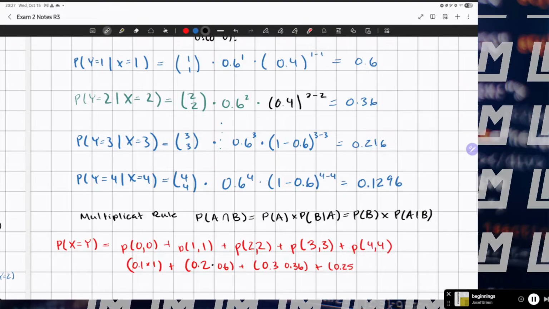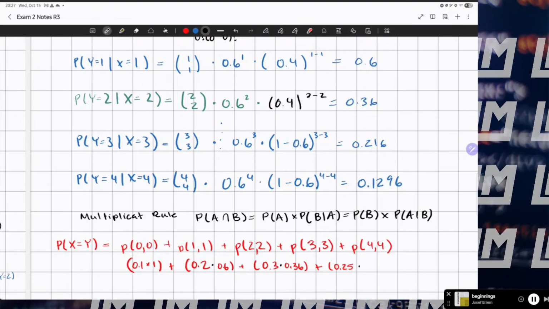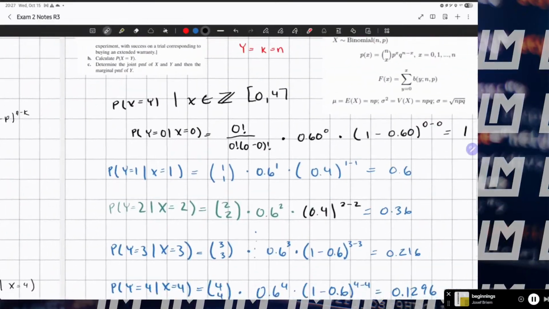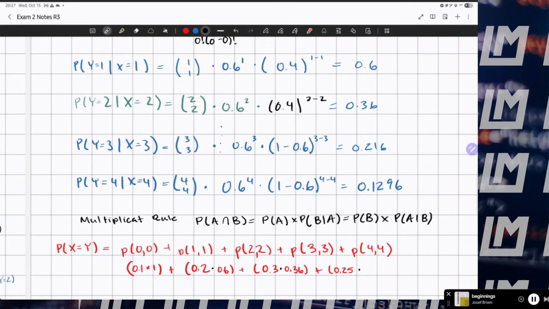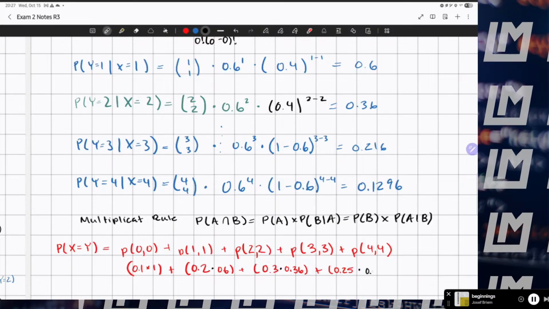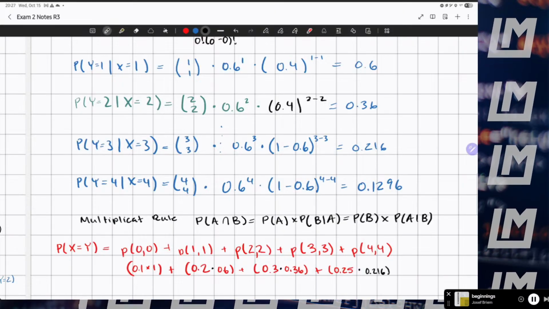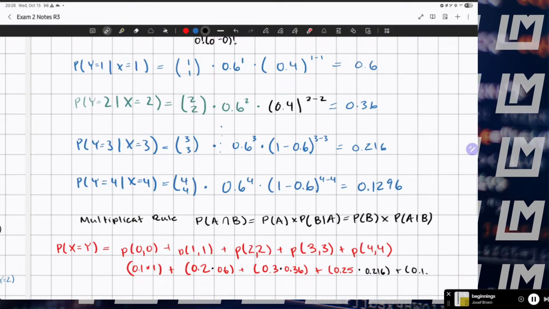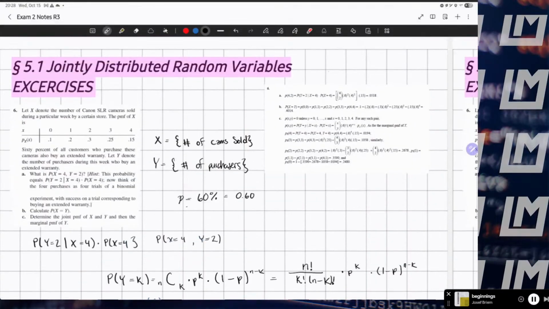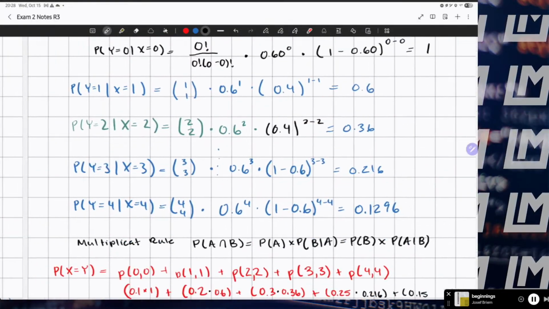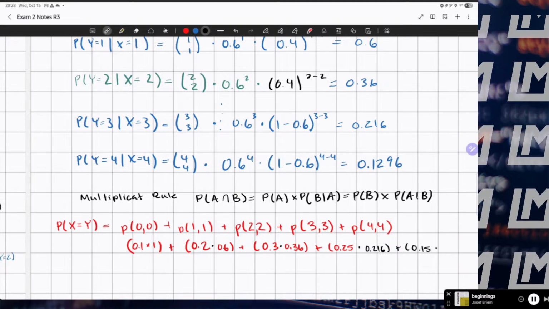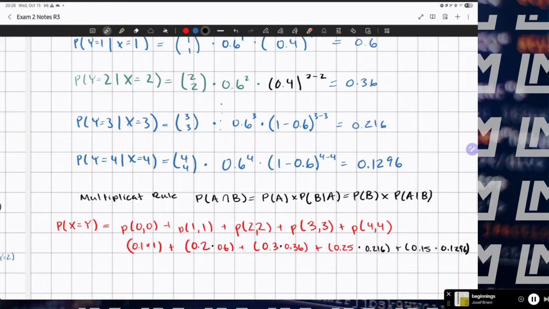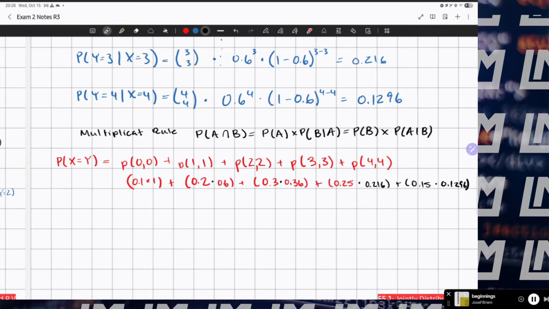Let's do the multiplication because we're going to have to multiply 0.25, and then 0.15 is going to be at the end. 0.25 times 0.216 plus 0.15, right? Yeah. Times 0.1296. Plug that into the calculator.